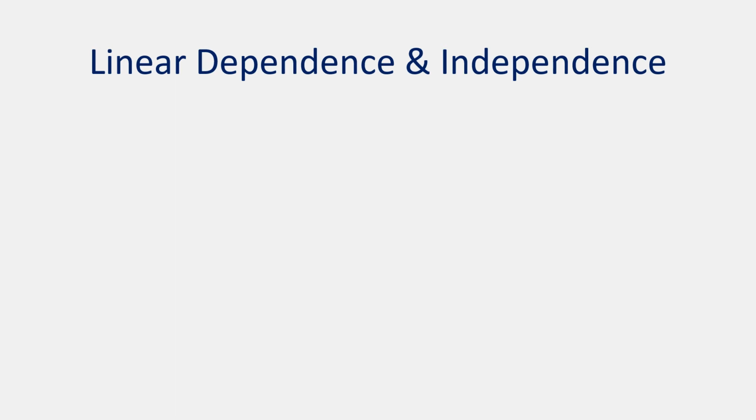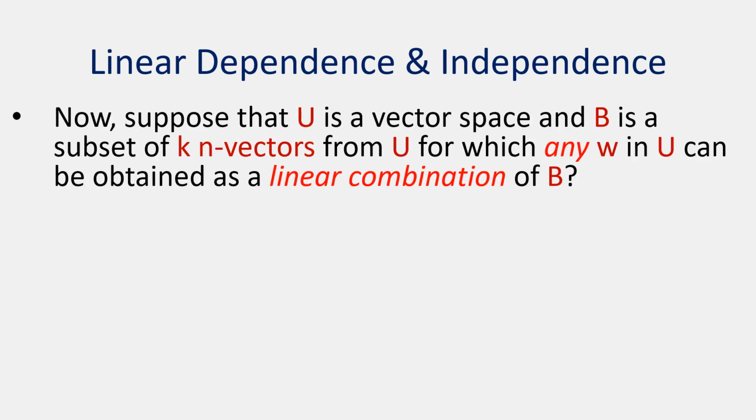So we have these notions of linear dependence and linear independence. What does that mean? So we start off with some vector space U, and we've got some subset of vectors from that vector space.